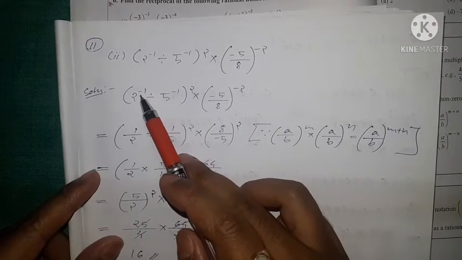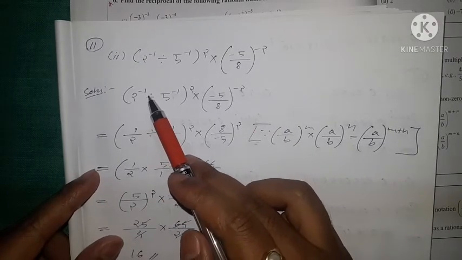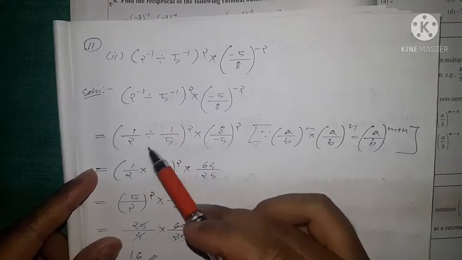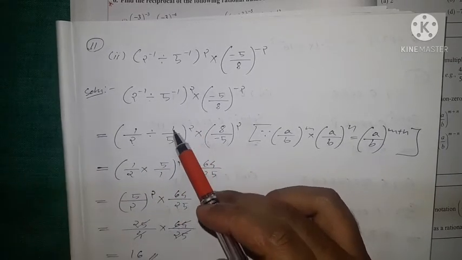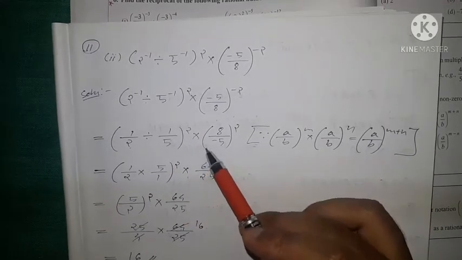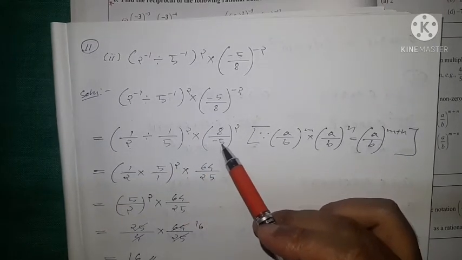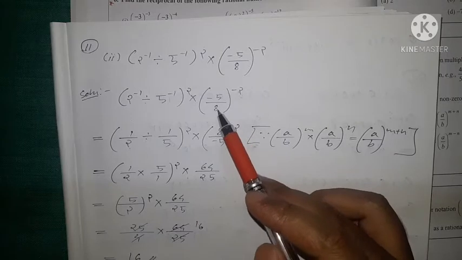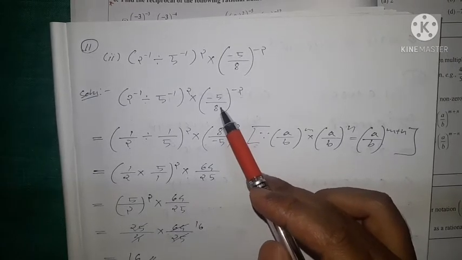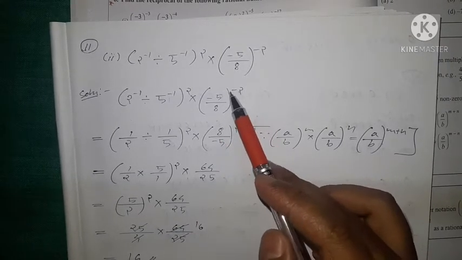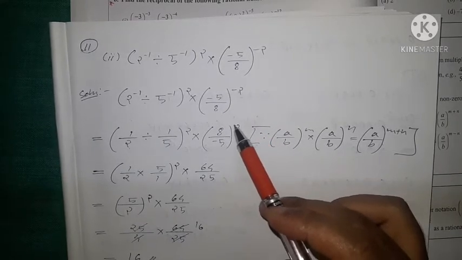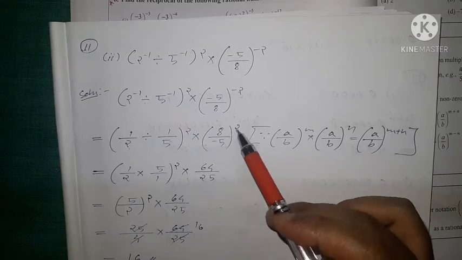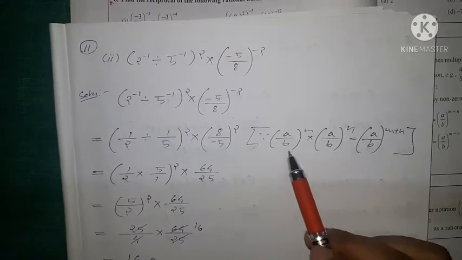The power of 2 is -1, so we can write 1 by 2 divided by 5 to the power -1, that means the inverse, so we can write (1/5) whole square into (8/-5). We have written 8 by -5 because we have interchanged the numbers so that the exponent becomes positive. So (8/-5) becomes 2 whole power 2. This is the law that we have used.